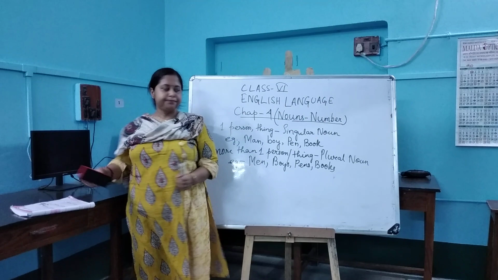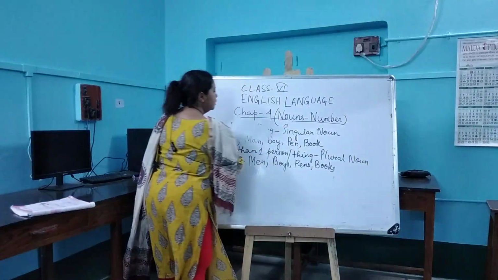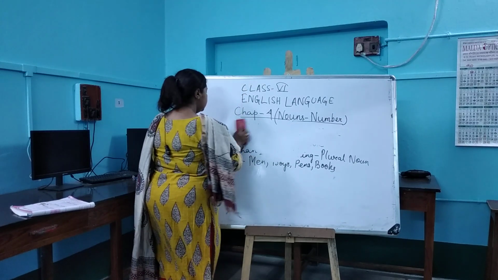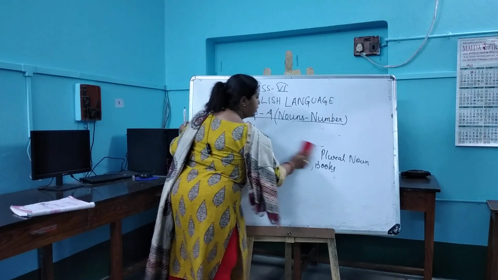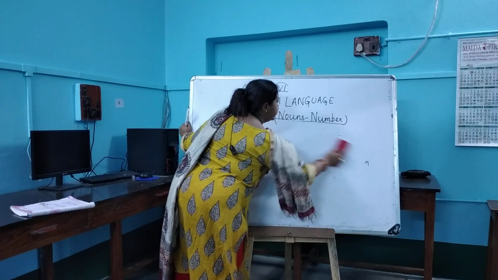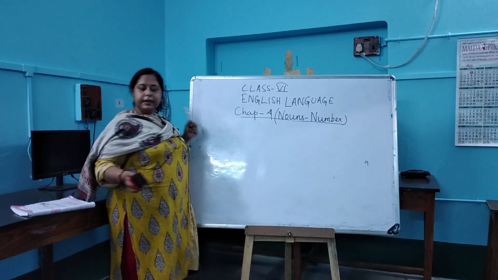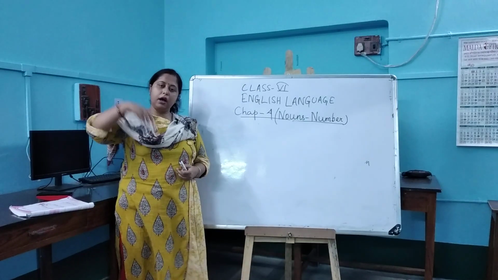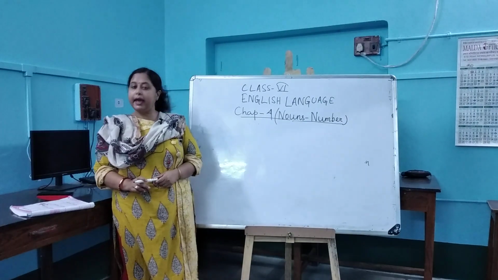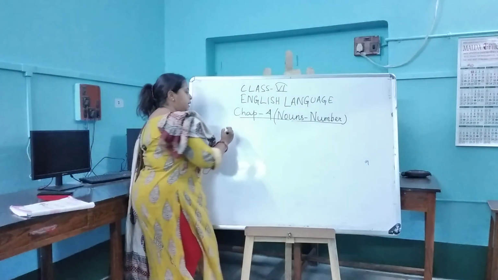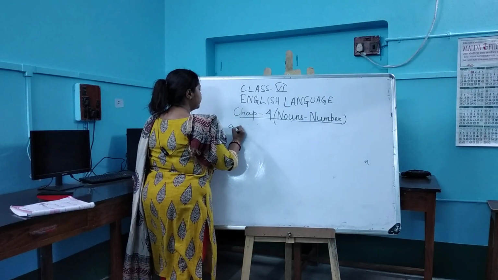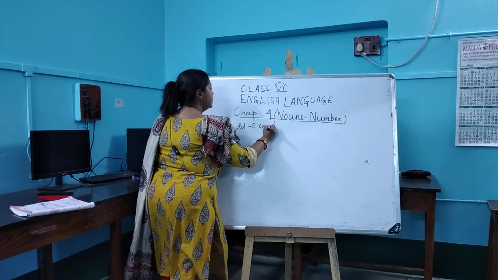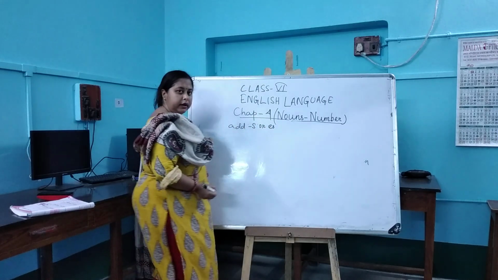Now the first rule is, generally we make a plural from a singular noun just by adding s or es. We generally add s or es to the singular noun.